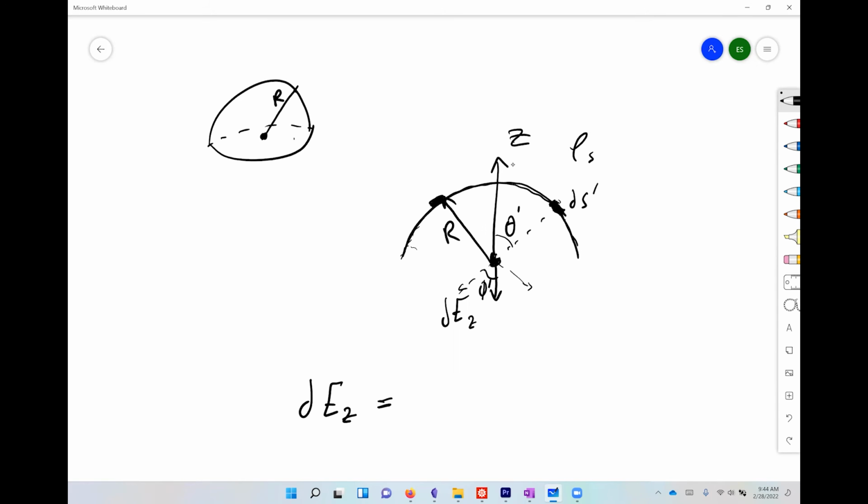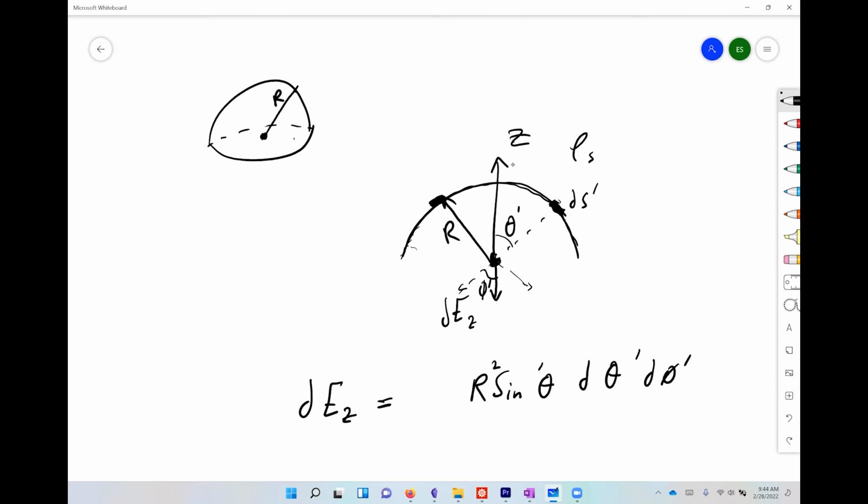Okay. The surface element is going to be sine phi prime d theta prime d phi prime r squared. Let me double check if that's correct. Yeah, it is.